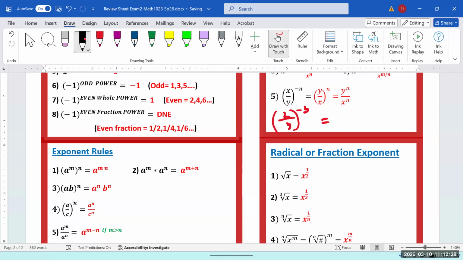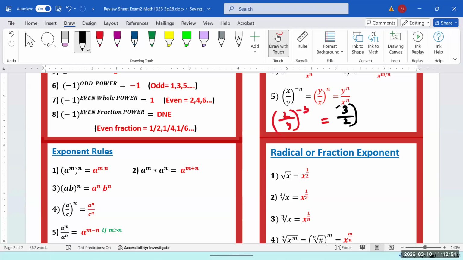Positive what? We have a fraction inside a negative power. How can you convert the negative power into positive power? Yeah, but you already have a fraction, so it will be easier. Flip the fraction.